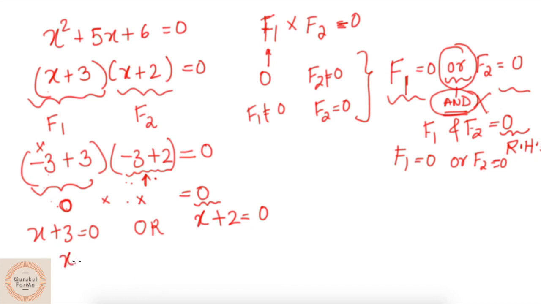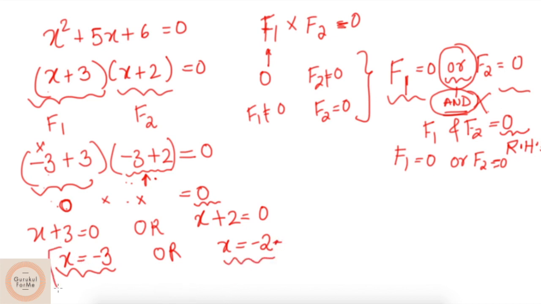Can I solve this and say that x is equal to minus 3, or it could be x is equal to minus 2, right? When I say AND, then you can put x is equal to minus 3 in this equation and you can put x is equal to minus 2 in this equation, and you are forced to do it. Right? So OR tells me that it is this answer or it could be this answer.